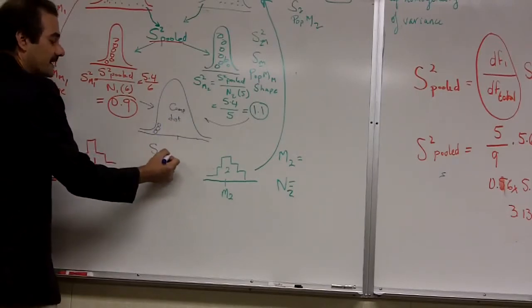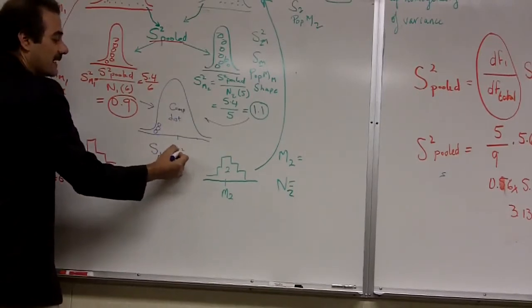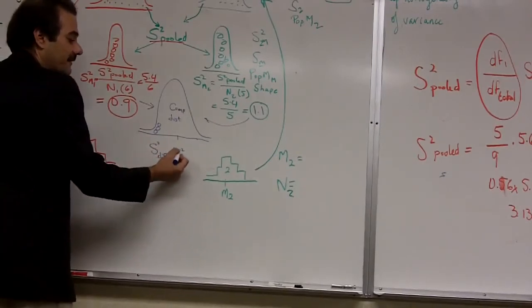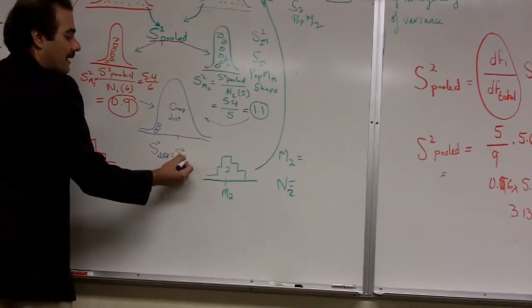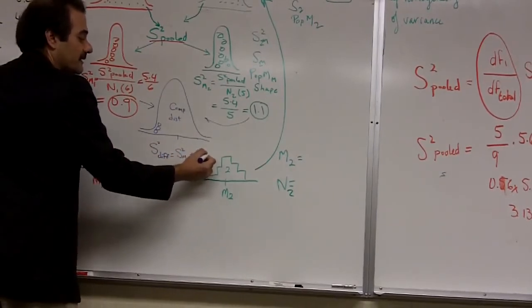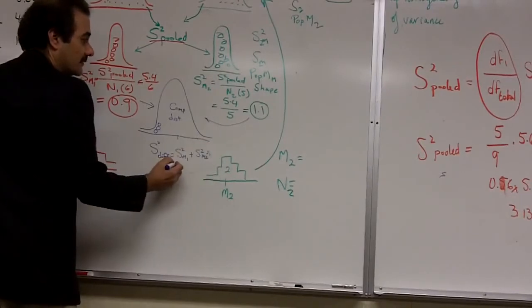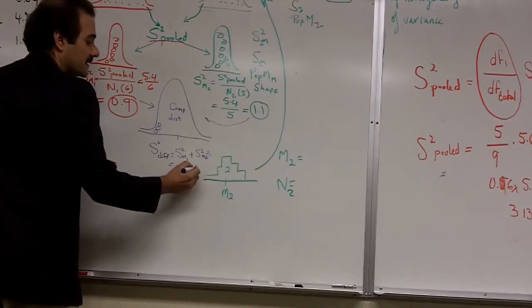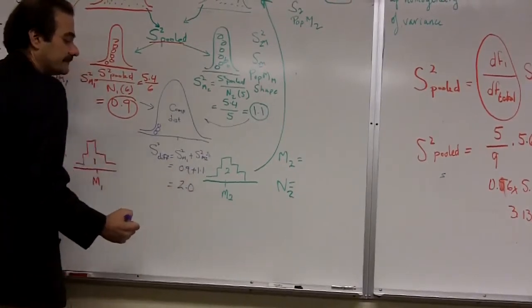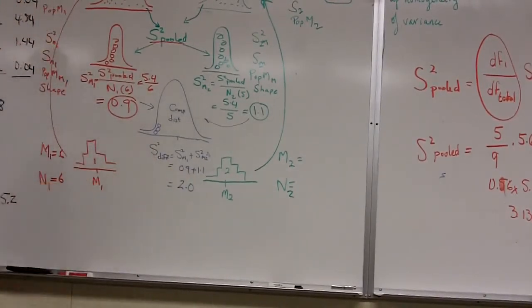S squared diff is equal to S squared m1 plus S squared m2, which is equal to 0.9 plus 1.1, which is equal to 2.0. So this is your S diff, your comparison distribution variance.